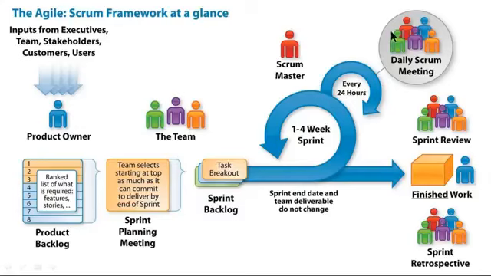And once you give commitments, you break down the tasks according to members in a sprint backlog. And here, the sprint end date and team deliverables do not change. That is very important. No question of changing. Every 1 week to 4 weeks, we'll plan it.